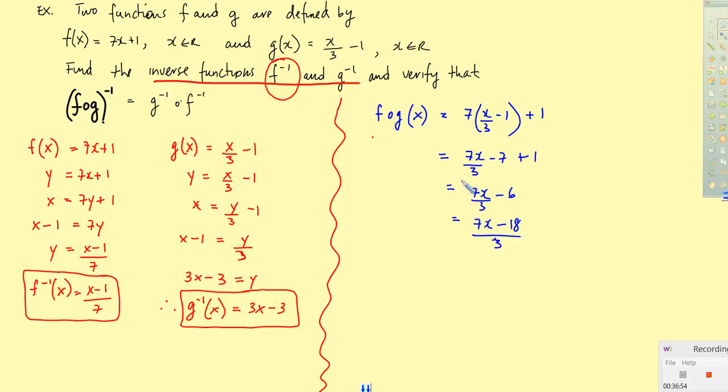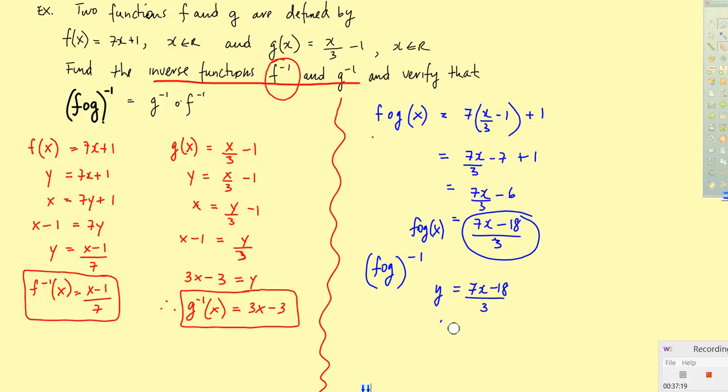Now, if I now do f of g of the inverse of that, it means I'm taking this f of g of x, and I'm going to do the inverse of that. So that means it's going to be y is equal to 7x minus 18 all over 3. Swap my x's and y's. X is equal to 7y minus 18 over 3.